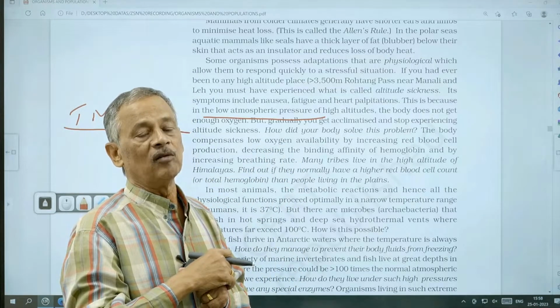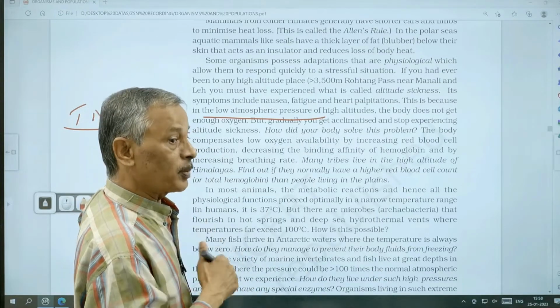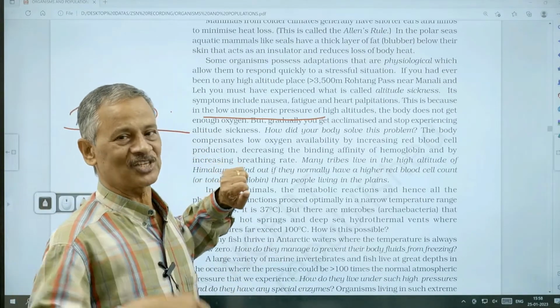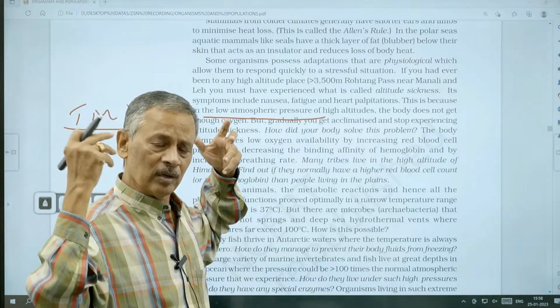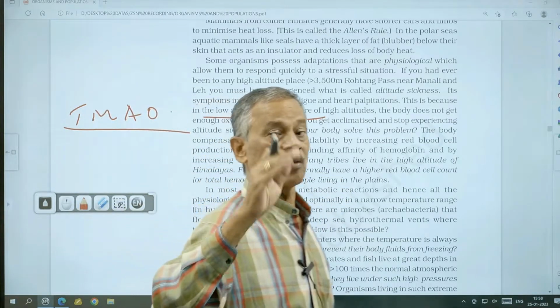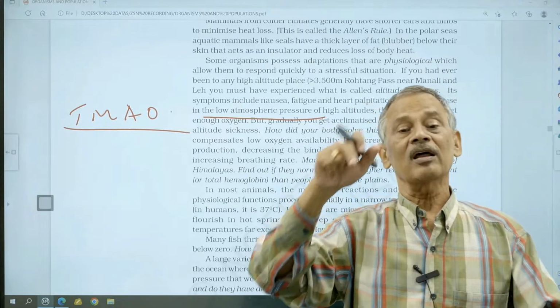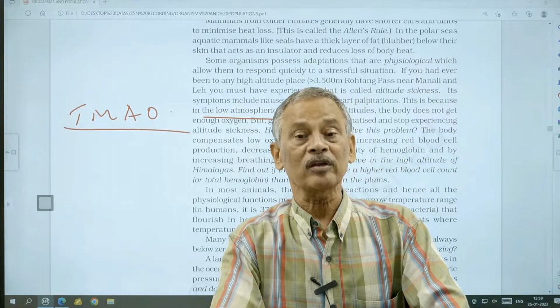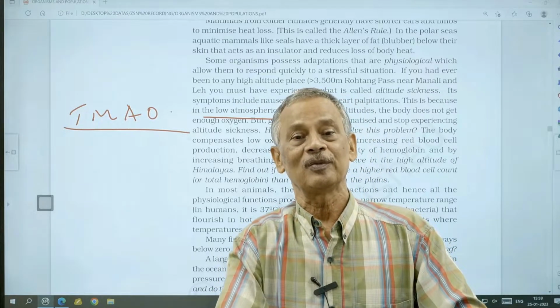Also, they will be having an ability to maintain a higher pressure within than the surrounding pressure. So it is by adjusting their body conditions by physiological mechanisms that these organisms are capable of living in such conditions. Okay. There are organisms which are not having such ability to bring about changes in the physiology.